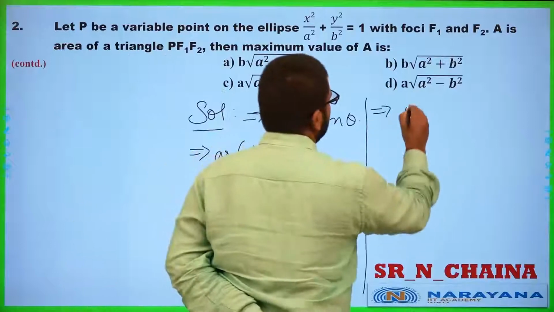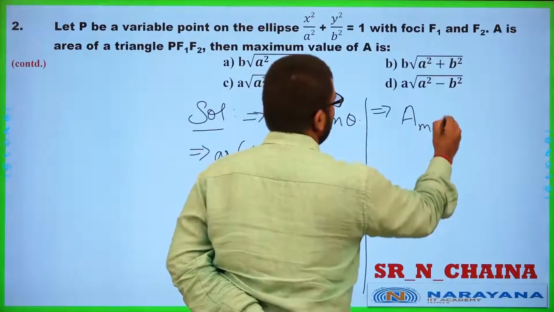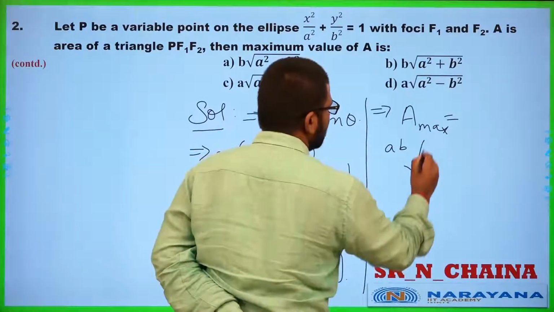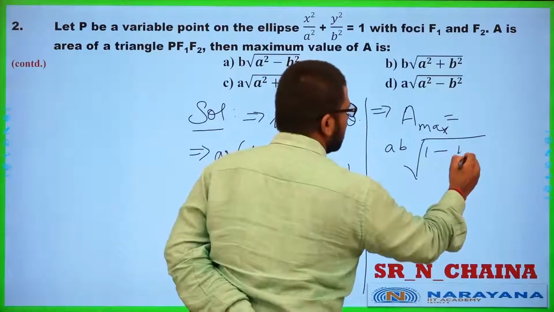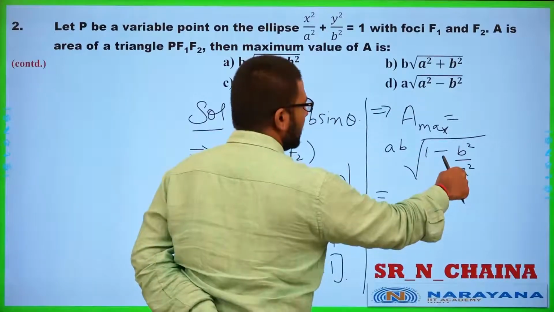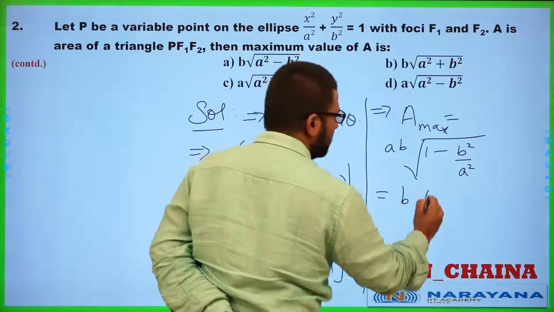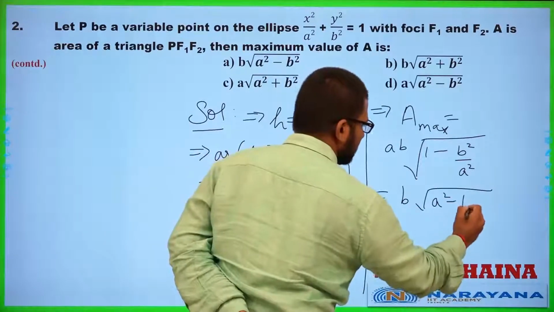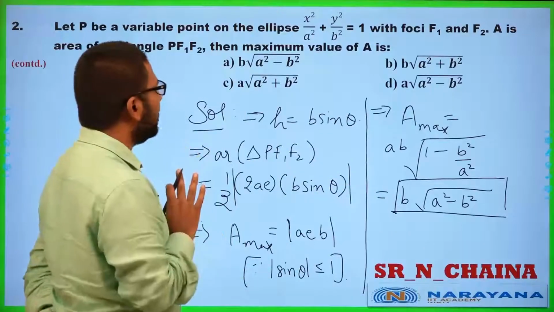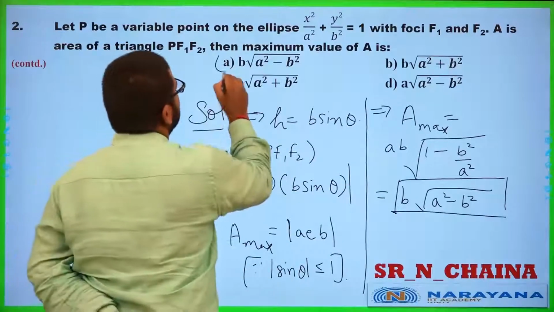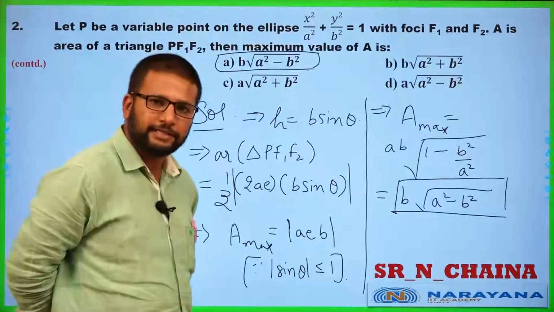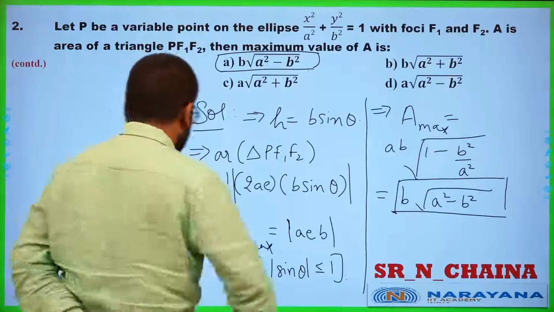Which means A max, the maximum value of area would be abe, but we know the formula for e is root 1 minus b square by a square. Cross multiply this, one a will get cancelled, b root a square minus b square, correct? That is the expression we are looking for, the maximum area. Got it? Yes? Okay, then let us proceed.